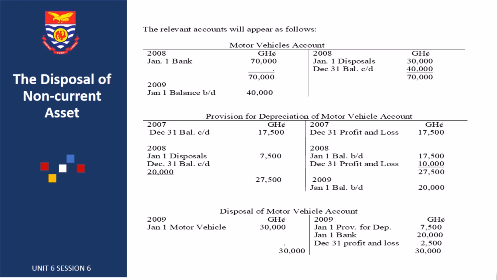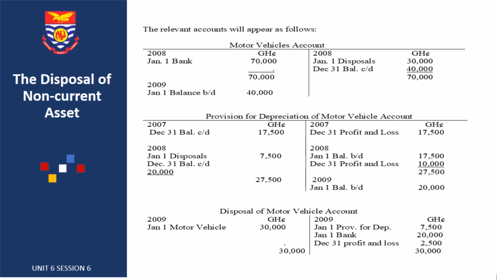Then a provision for depreciation of motor vehicles account will also be opened. The depreciation for the year of acquisition will be computed, and that is 25% of the total cost of the assets.